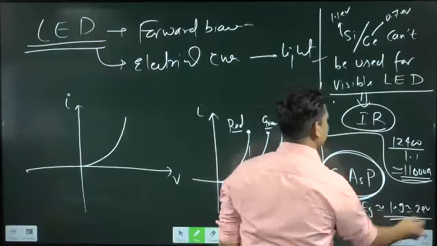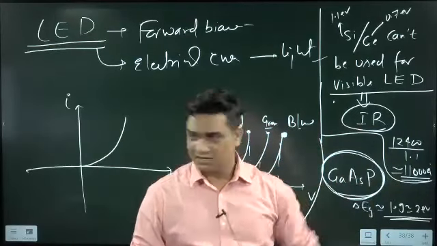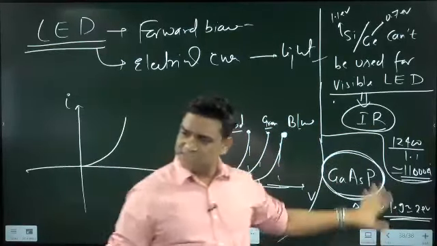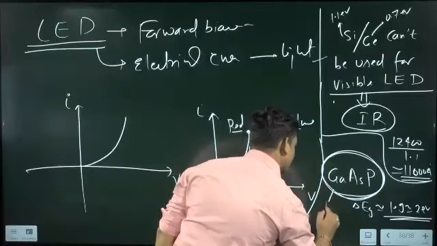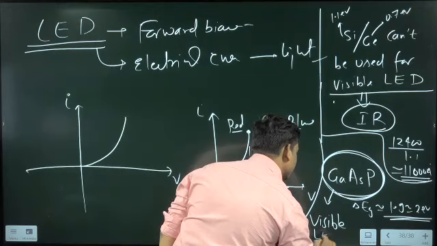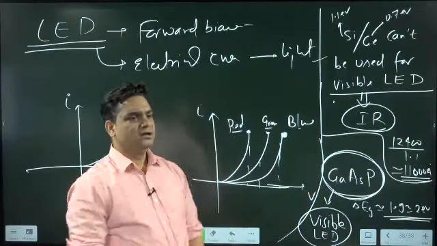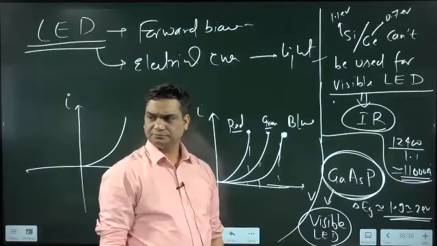Using this, 12400 by 2 gives around 6,000 angstrom. Yes, this is used for the visible LED. We have so many materials now, but you need to remember that gallium arsenide phosphide is used for the visible LED.